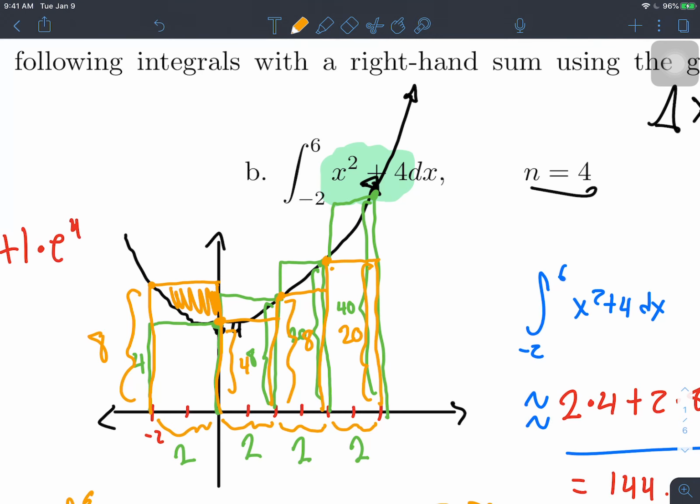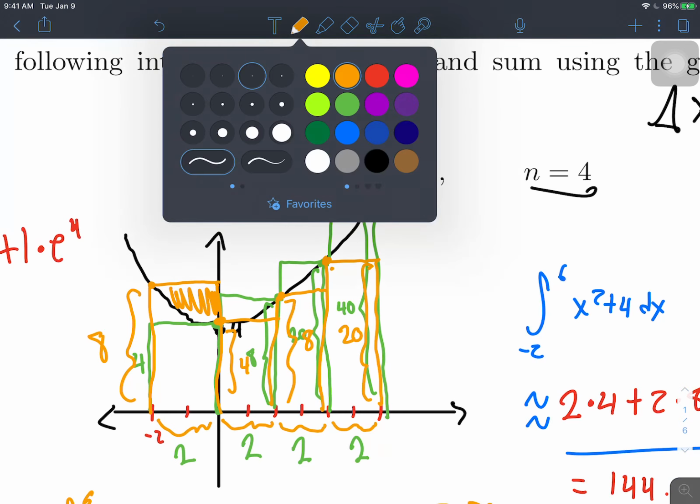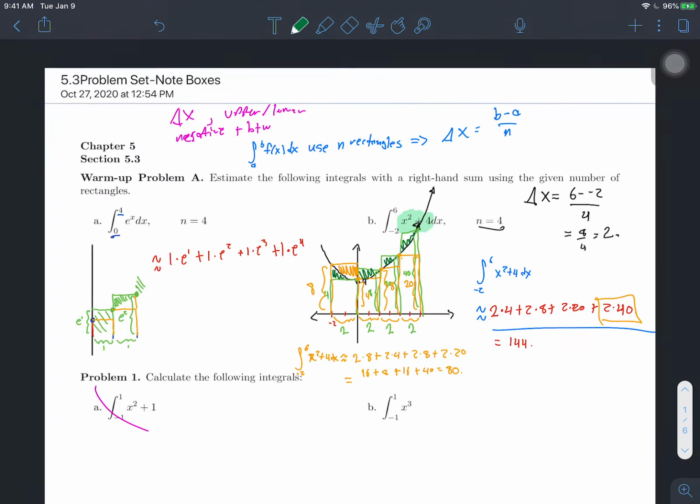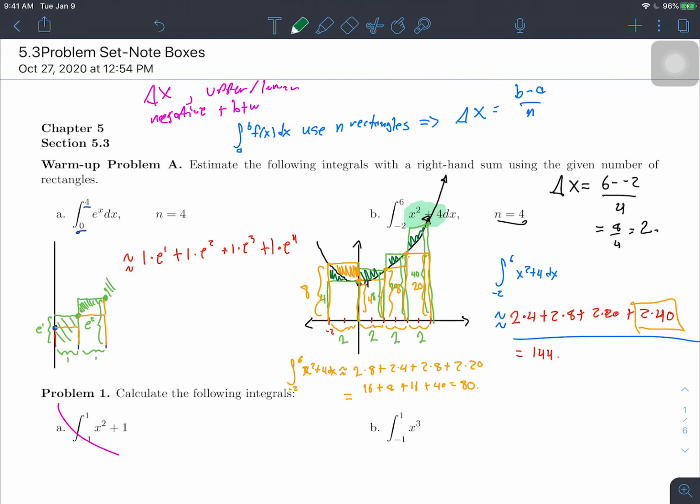Whereas if you look at the green ones, these three are overestimates, and only this one is an underestimate. So we got pretty wildly different answers here. The reason is this is just an approximation. We're not finding the actual area under the curve. We're finding something which is kind of close.